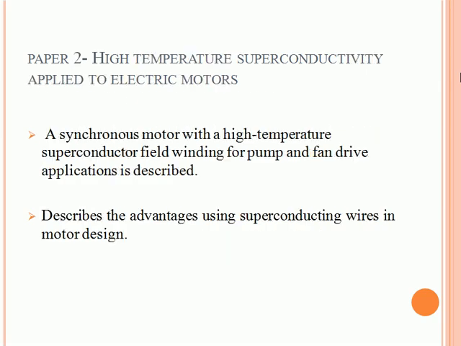And the other one is about how superconductivity is applied to motors. If we have a superconductor which exhibits superconductivity, we can make a magnet with the superconducting wires. So we can use that magnet in the rotor of the motor, so that we can use that in electrical motors.